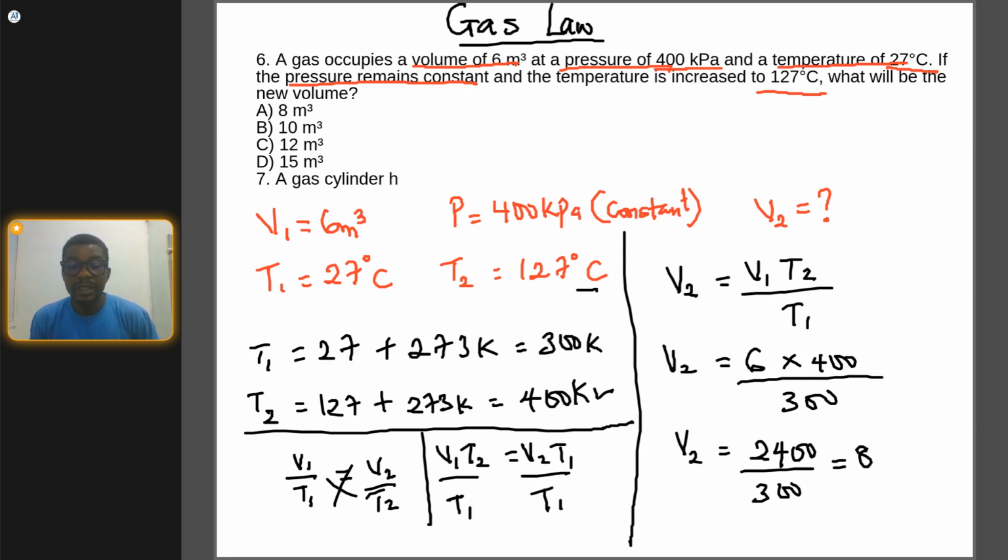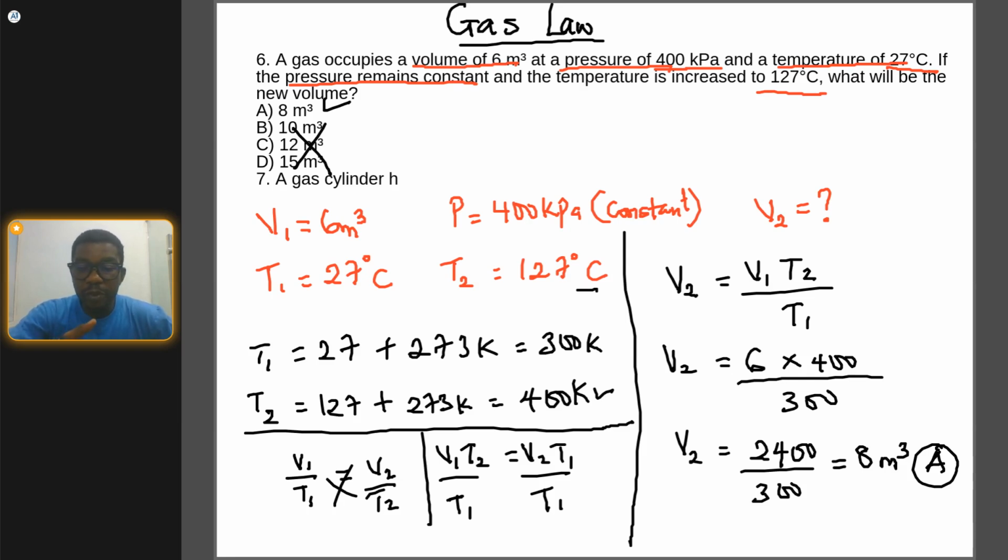So 8 is now the new volume. The new volume is 8 meter cube. Checking the options, option A is the answer, while options B to D are wrong responses. So the answer is option A, 8 meter cube.